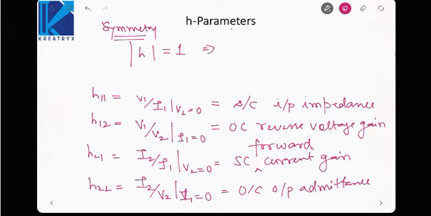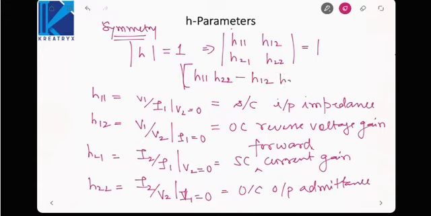That is mod of h11, h12, h21, h22 must be equal to 1, due to which it will be h11 h22 minus h12 h21 will be equal to 1.